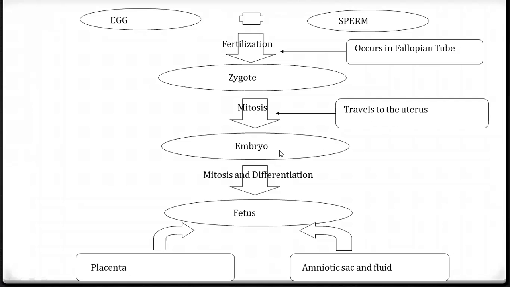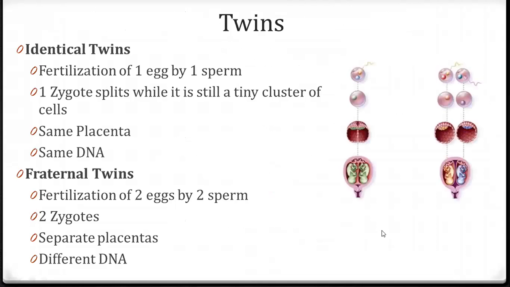It travels to the uterus and now it's called an embryo. The embryo then goes through more mitosis and cell differentiation, like they are assigned roles, and then you have a fetus. The fetus is provided nourishment through the placenta, and the amniotic sac and fluid protect it.